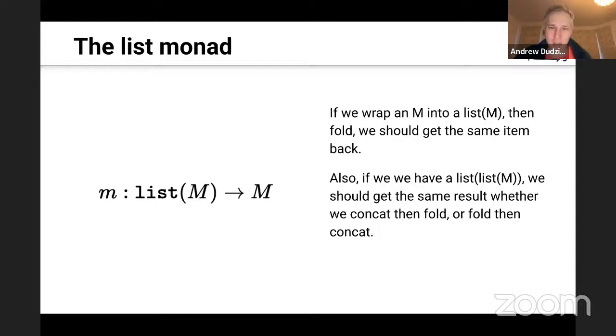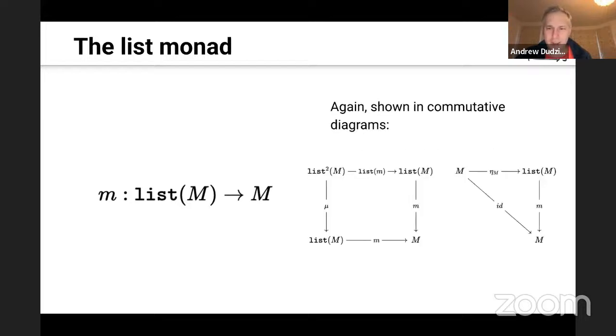Those should give the same answer if we want this to be well-behaved and not too dependent on how the list is presented. So again, we have these commutative diagrams that we want to be the case for such a list interpreter M. Now, does anybody know what such an M is? That is, does anybody know another word for these M's that satisfy these conditions?